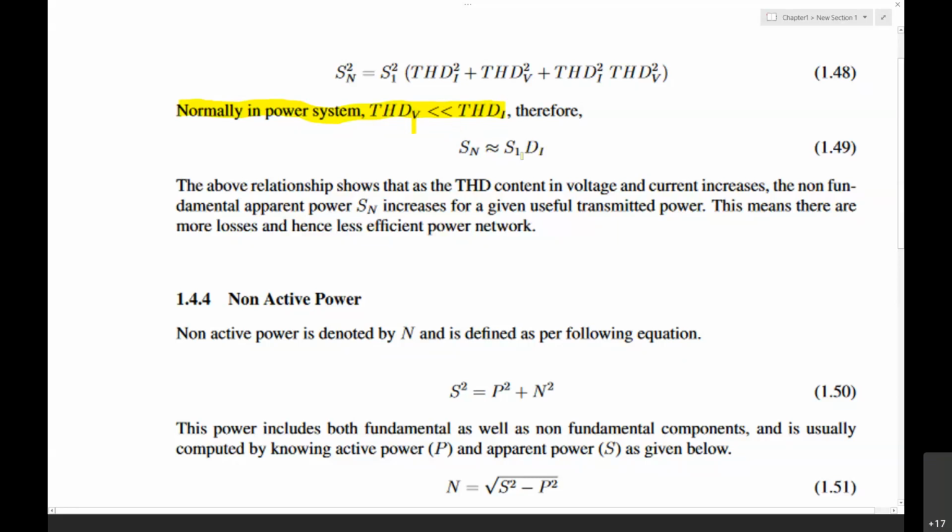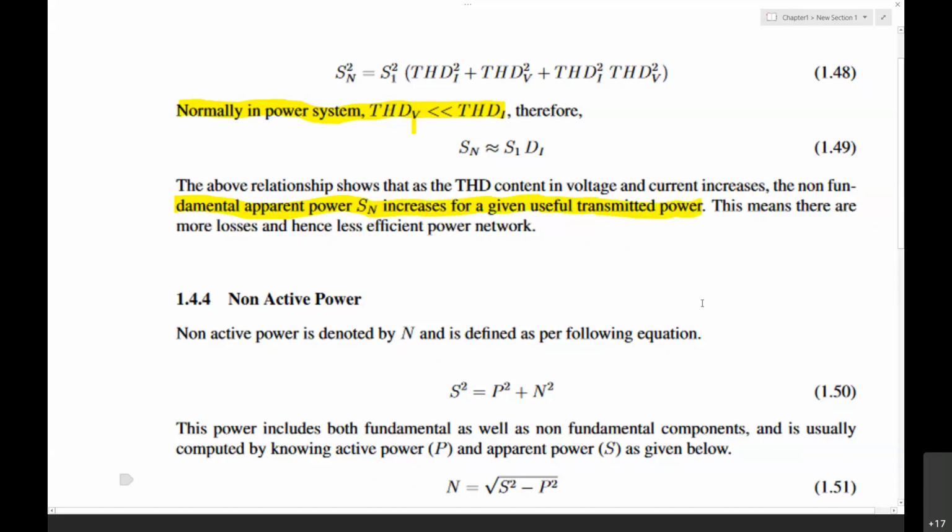The above relation shows that the THD contained in voltage and current increases the non-fundamental apparent power, increases for a useful transmitted power. This is a very important point. Actually, the useful power which we have been considering is the fundamental power.